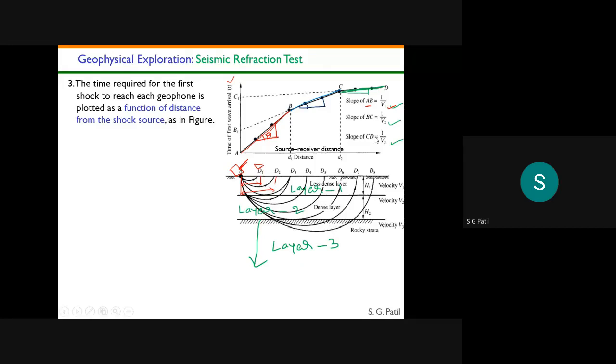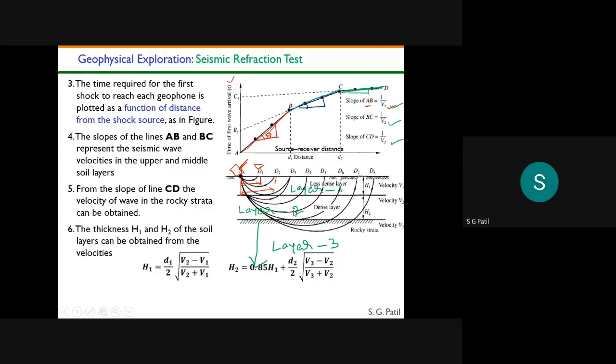Some students messaged me on WhatsApp that they were not able to understand how to get these velocities. I hope it is clear now. Velocities are nothing but the slopes of those straight lines, inverted.